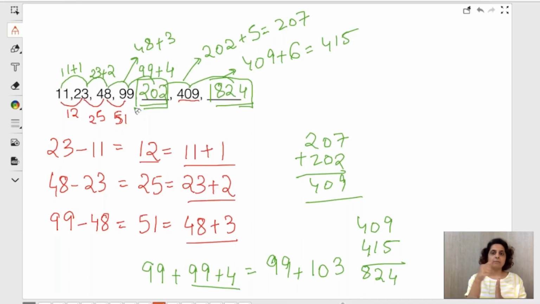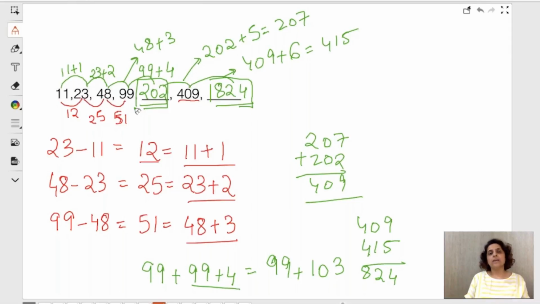So this is how we can write the difference between two consecutive numbers. One is the preceding number plus 1. For the next, the preceding number plus 2. For the next, the difference is the preceding number plus 3. So the differences are plus 1, plus 2, plus 3, plus 4 and plus 5.